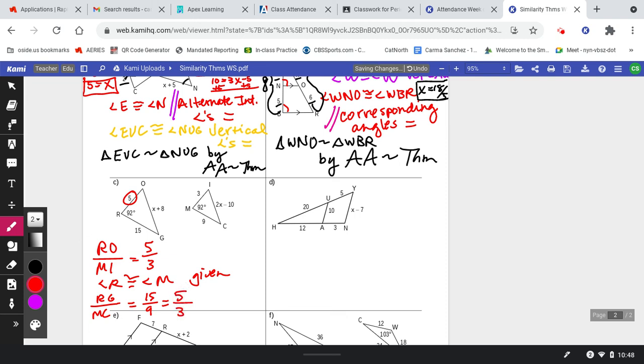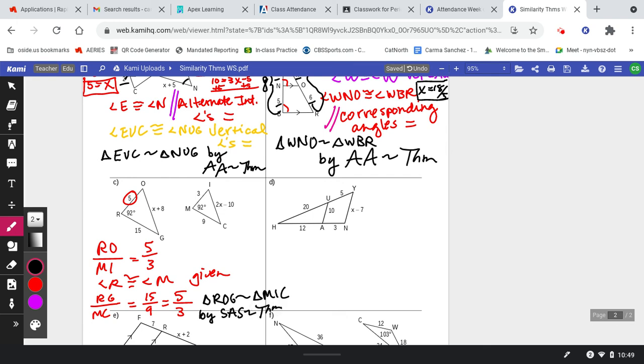Notice that our two side ratios are equal. So we can say that triangle ROG is similar to triangle MIC. Don't forget the triangle sign. By side angle side similarity theorem.